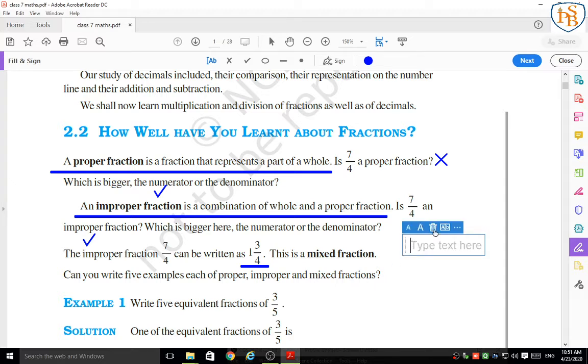Look here carefully. Now we are going to write some examples of proper fractions. Can you tell me some examples?